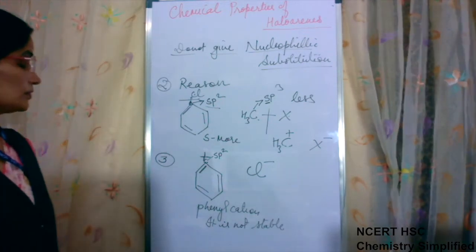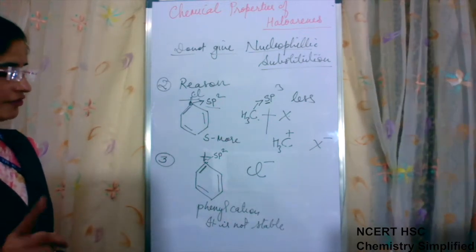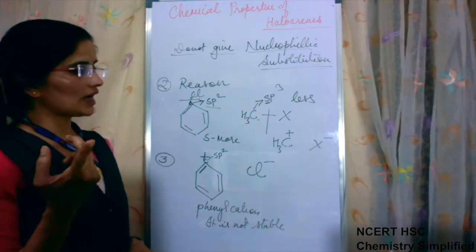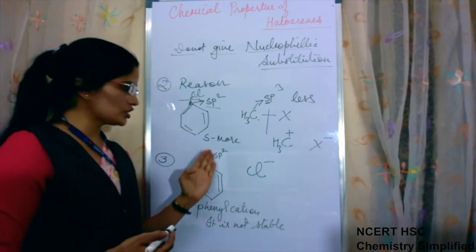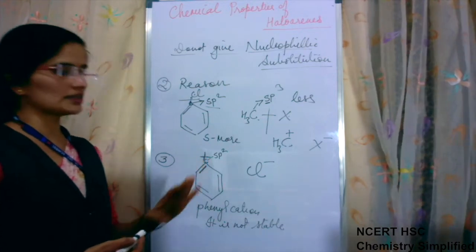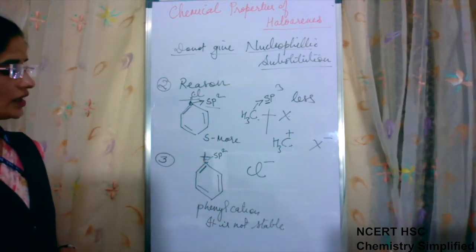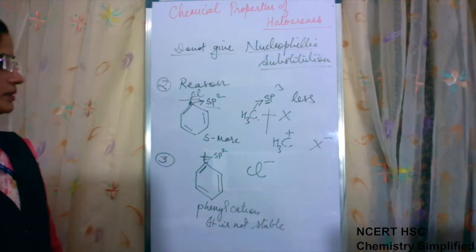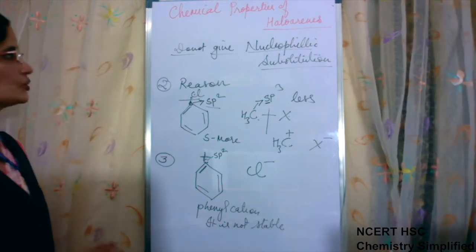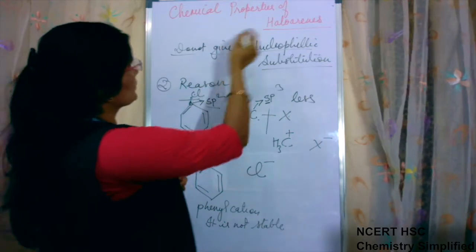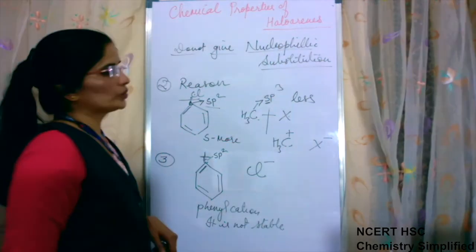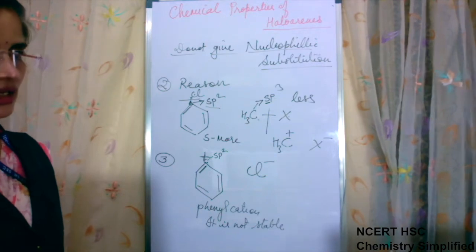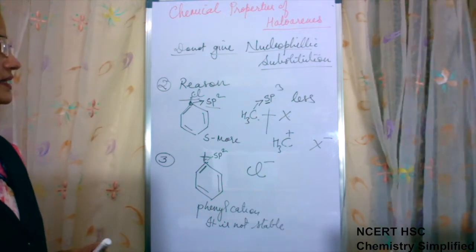The pi bond will be formed by the unhybridized orbital. So it is not available in this case, hence it does not undergo resonance, and hence this phenyl cation is not stable. So these are three reasons why haloarenes do not give nucleophilic substitution reaction. Okay, so it is asked in reasoning questions.